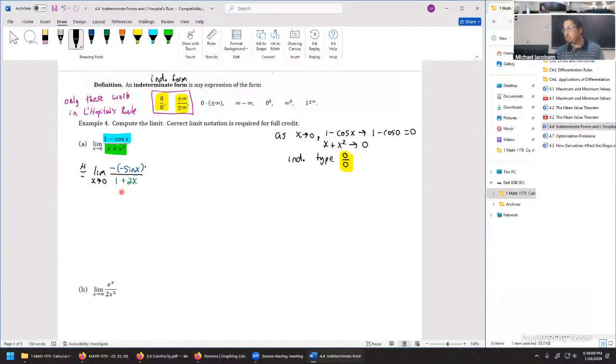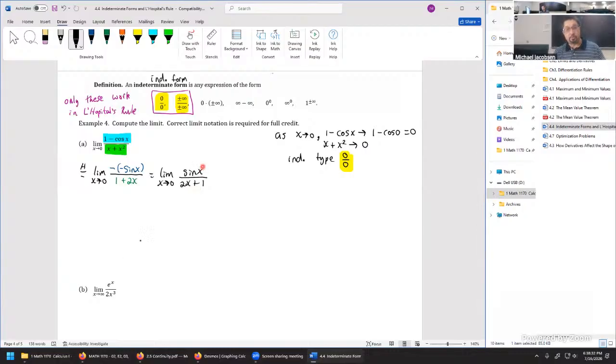So let's simplify this just a touch. This is limit as x goes to 0 of sine x over 2x plus 1. And well, as x tends towards 0, the denominator tends towards a 1. We get a 1 by direct substitution. So it's no longer indeterminate if we have a constant in a denominator.